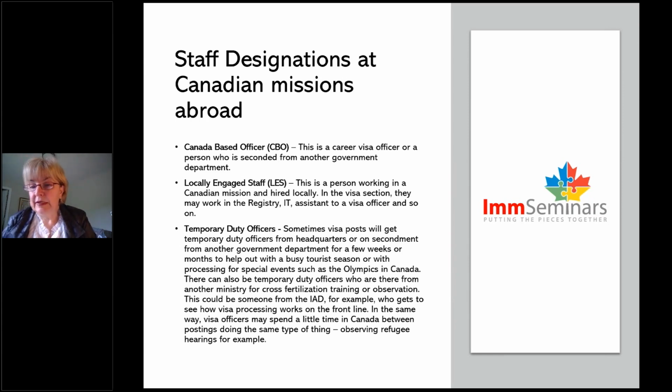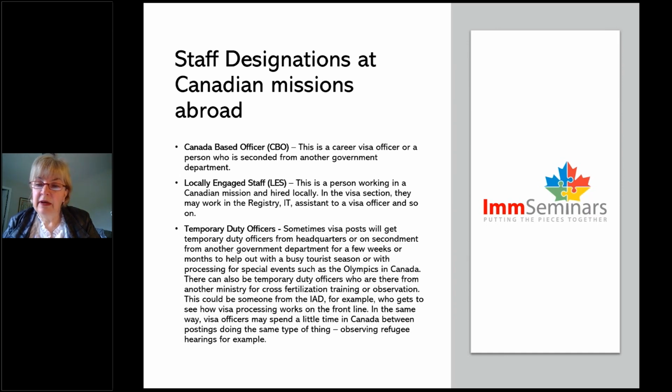For example, somebody might be seconded from CBSA for a single posting abroad, or somebody from IRCC or the IAD or the IRB could be posted as a CBO for a single term assignment. But typically the CBO is a career officer who's on multiple postings.